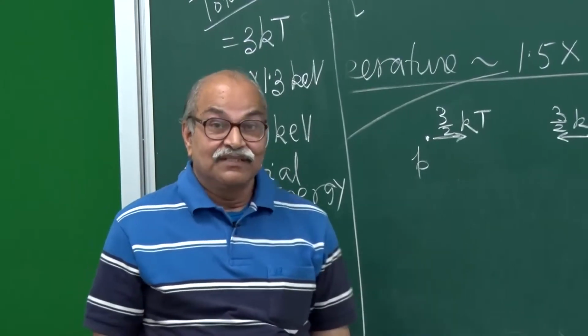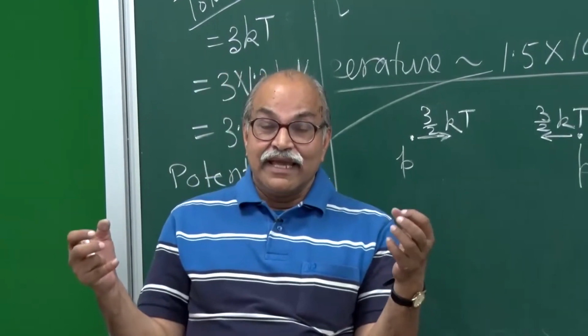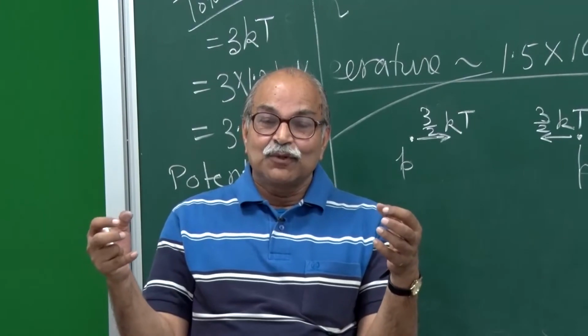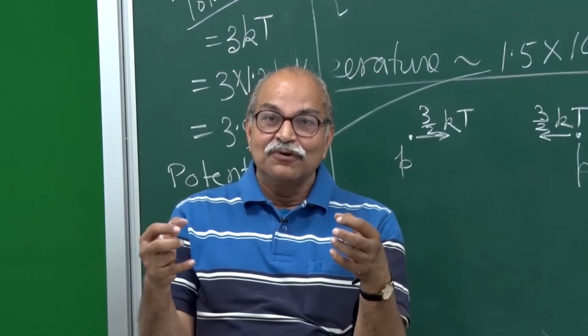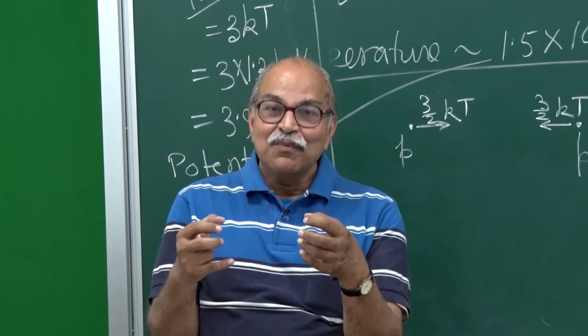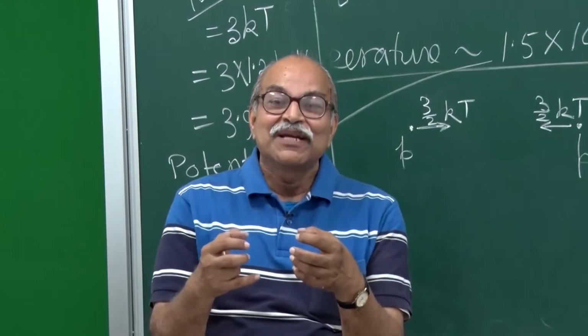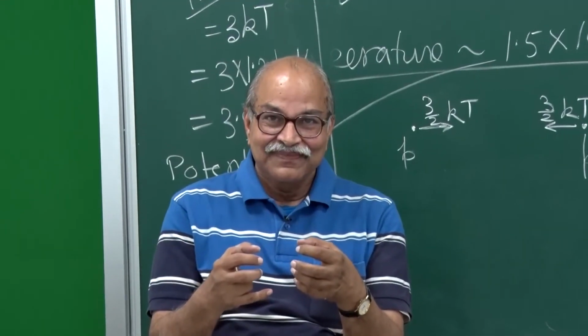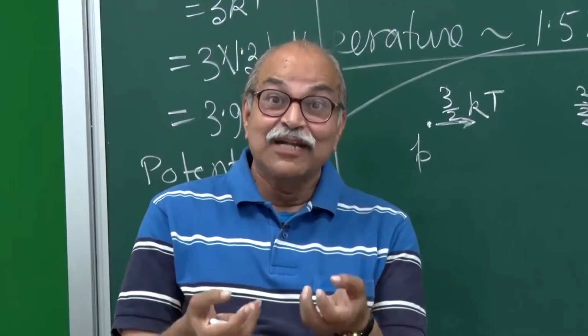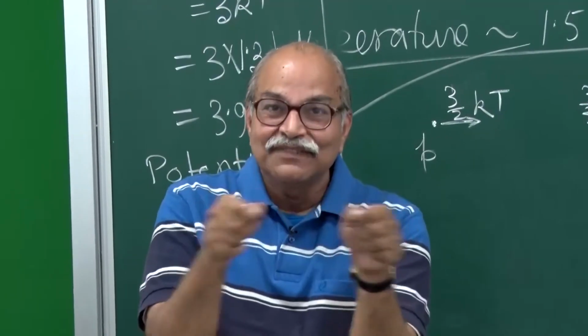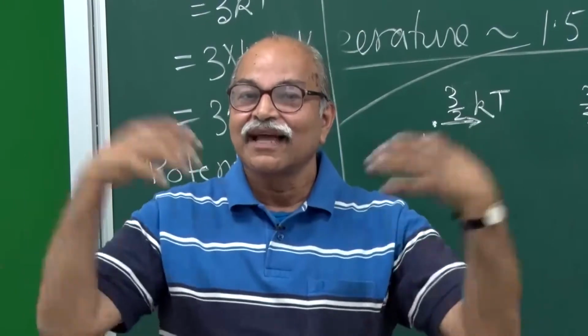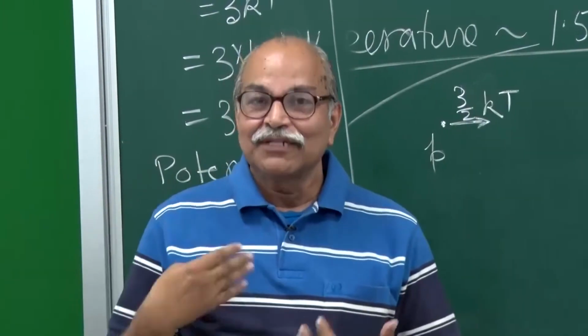What happens? Is it the case that the protons are slowing down, and at some place the speed becomes 0? So let's see. If that be the case, I should get a value of this separation R, where this entire kinetic energy is converted into potential energy.